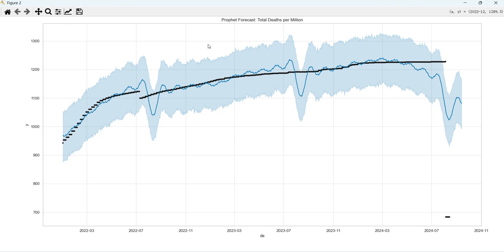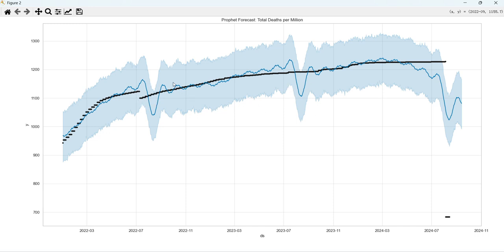This graph is the Prophet forecast about the total deaths per million. You can see that there are some error data in this part, and also in this part.